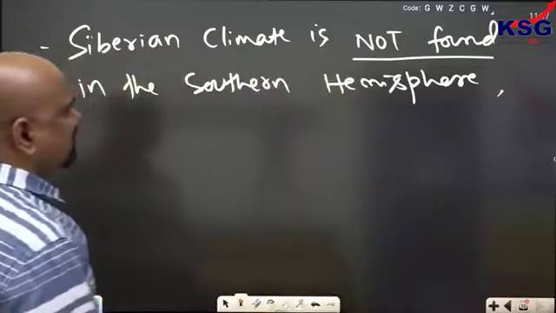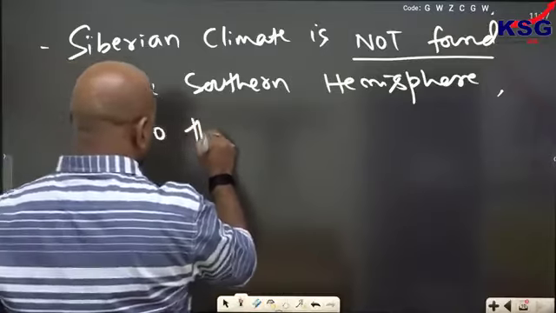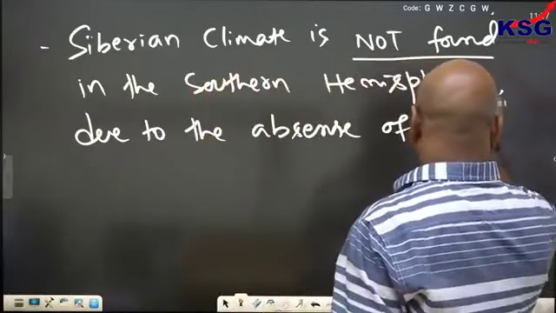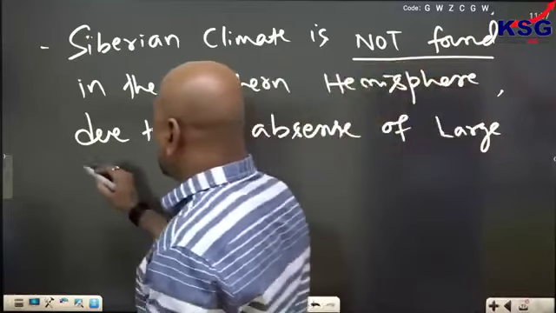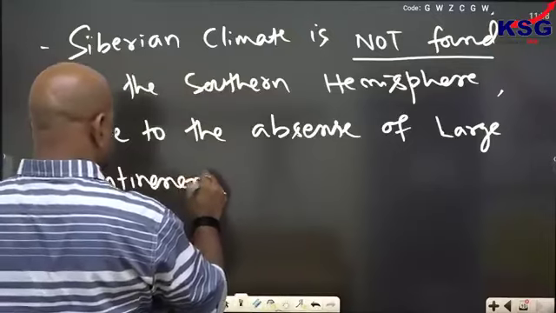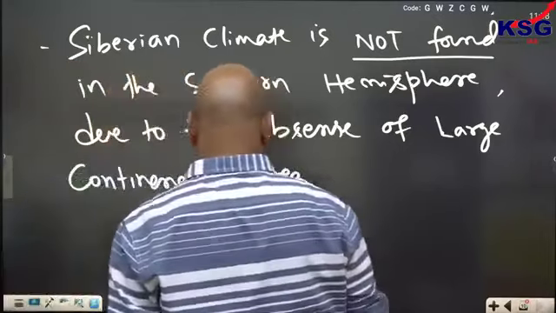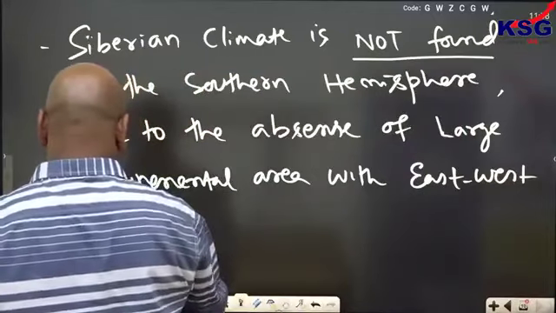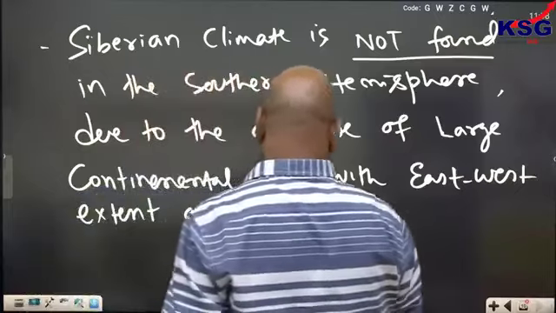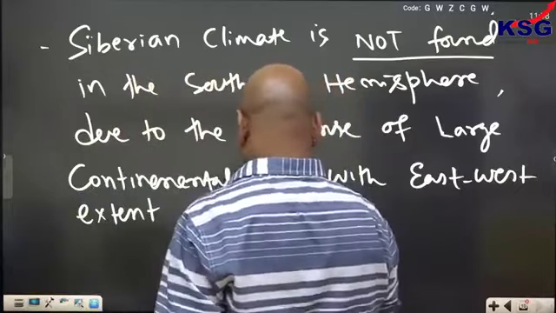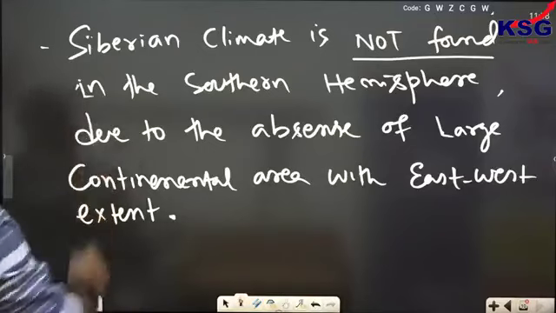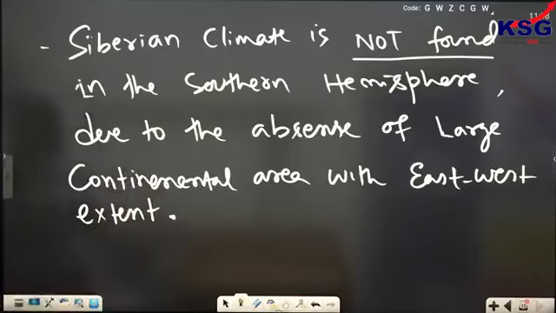Siberian climate is not found in the southern hemisphere due to the absence of large continental area with east-west extent.